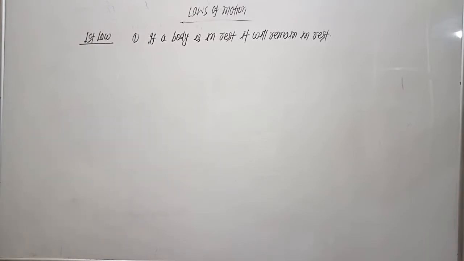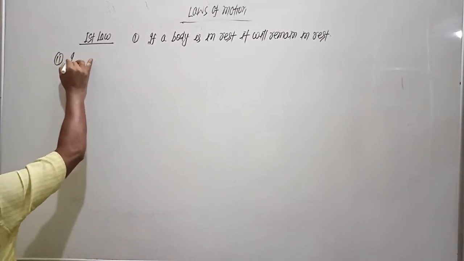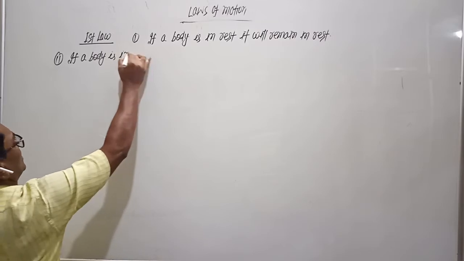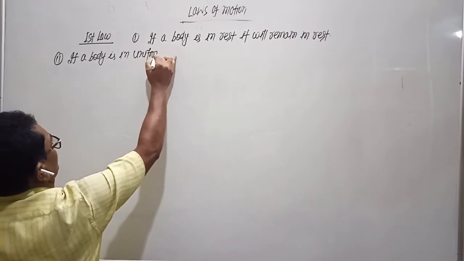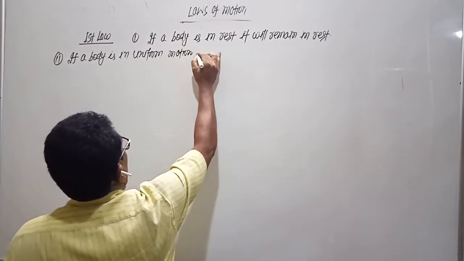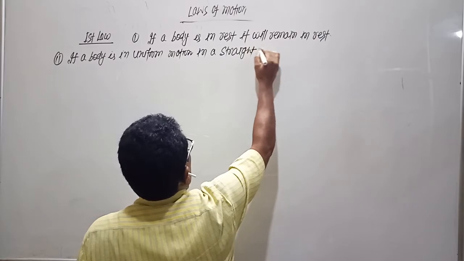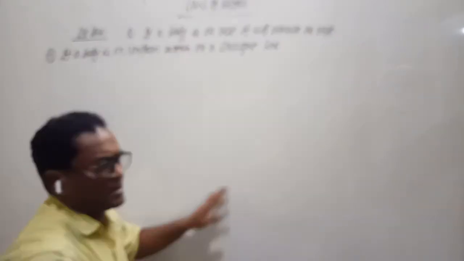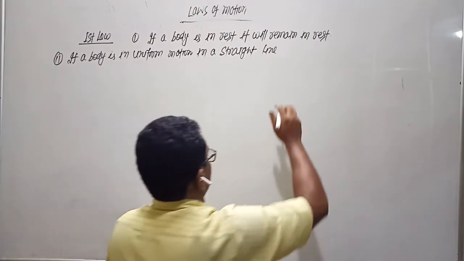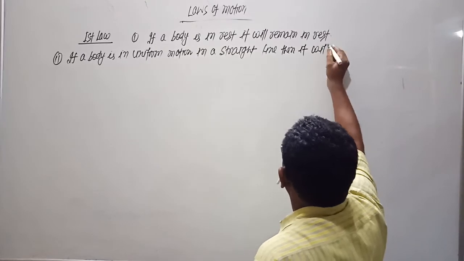And the second part is, if a body is in uniform motion in a straight line, then it will remain in uniform motion in a straight line.